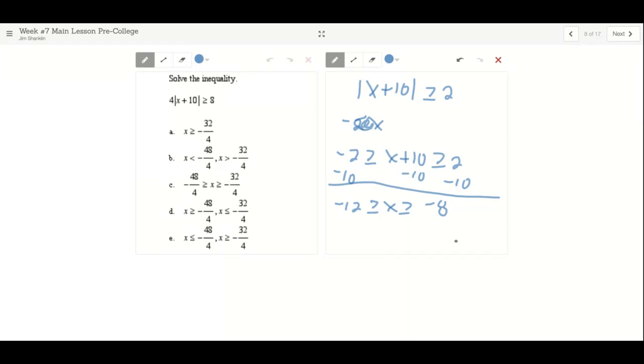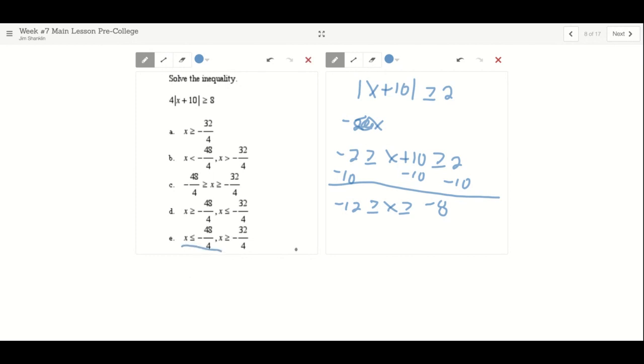Whoa. Those answers don't even look right. Oh, I suppose they didn't divide through here. I'm looking at my answers like, what the heck is going on here? All right, so 48 divided by 4 is 12, so x is less than or equal to negative 48 over 4.